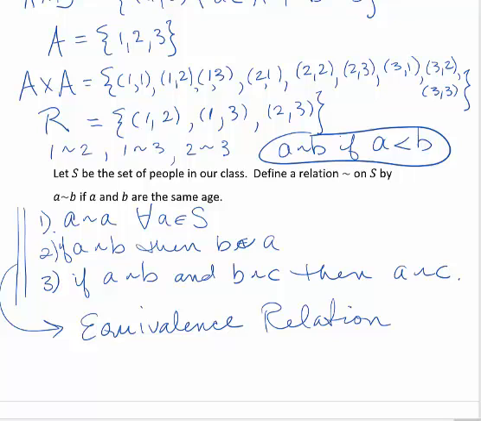So number 2 does not hold. And number 3, if a is related to b and b is related to c, well, then a is related to c. If a is less than b and b is less than c, then a is less than c. But this is the only property of the 3 that the first relation we gave satisfies. But the second one is called an equivalence relation.